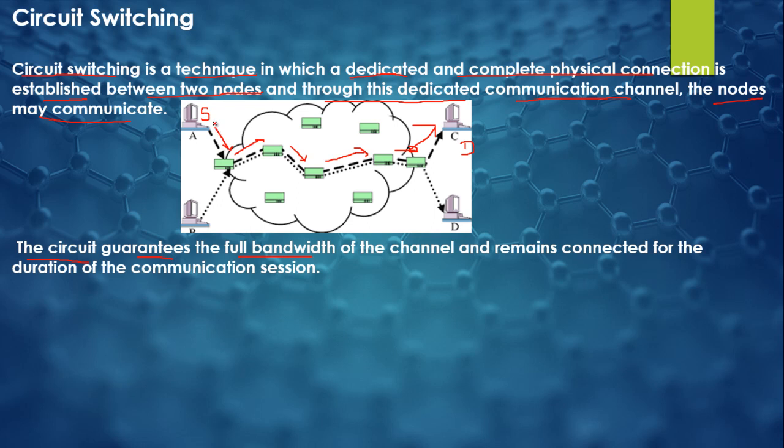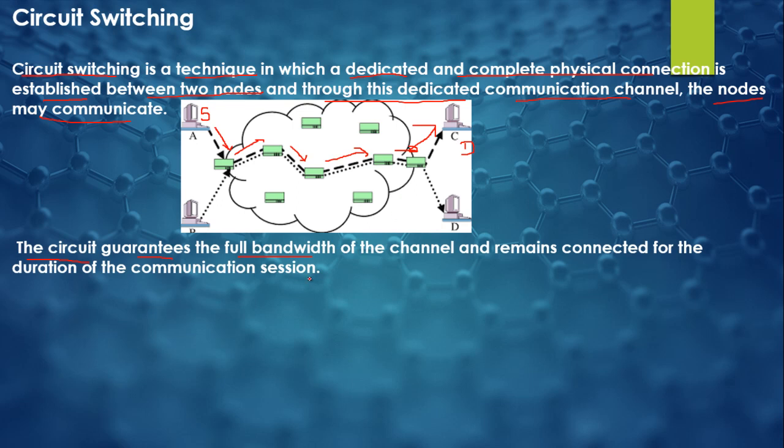Obviously, when this whole path is reserved for the communication between computers A and C, then this whole line is completely used for the transmission of data between A and C. So the complete path bandwidth is used only for this communication. No other data will use this path while the connection is established between the source and the destination computer.